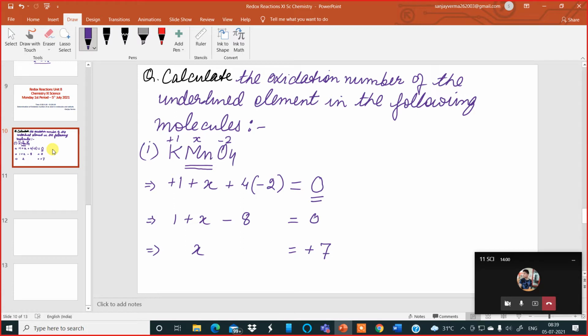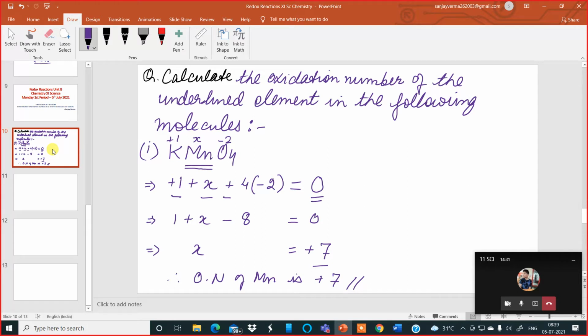Just check: +1 plus X plus 4 into -2 is 0, so X - 7 is 0. Take the -7 that side, we get +7. Therefore the oxidation number of manganese is +7.